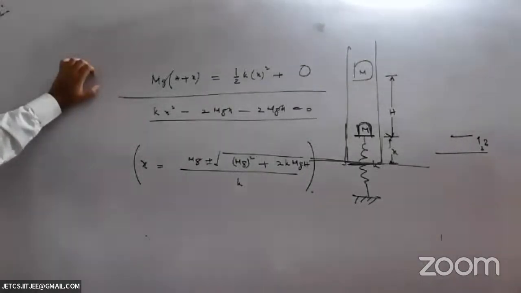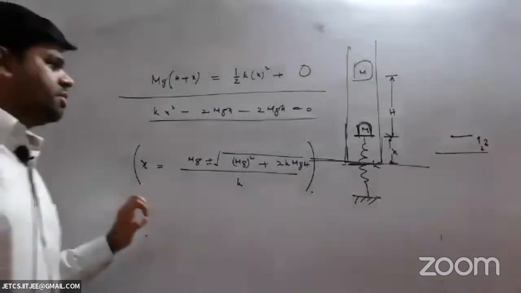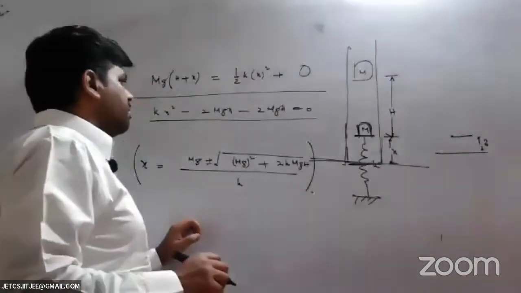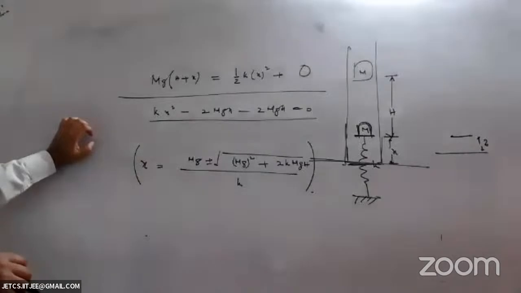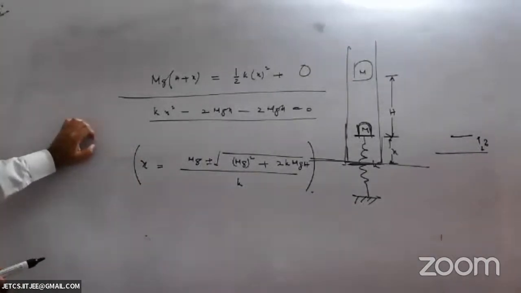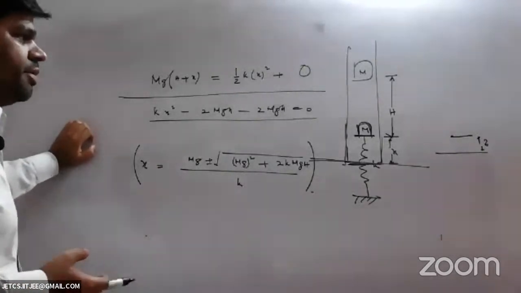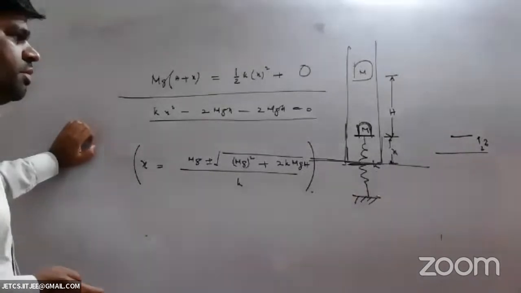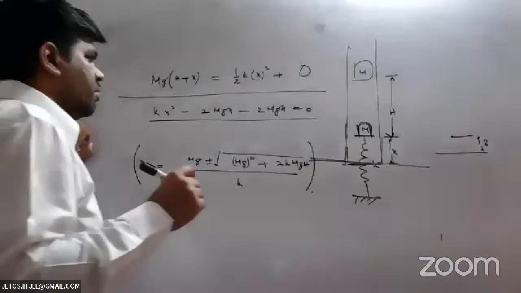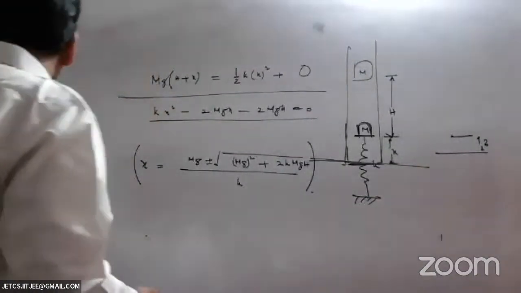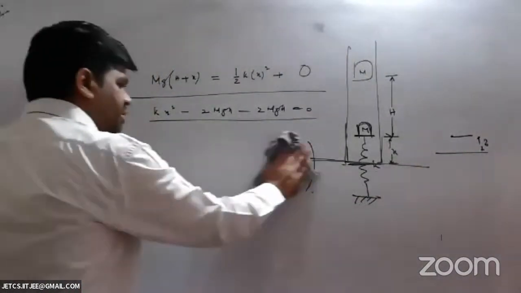But now let's say I have to find out the speed at equilibrium position. So how do I do that? Then what I do is, again the energy conservation equation for the same thing.